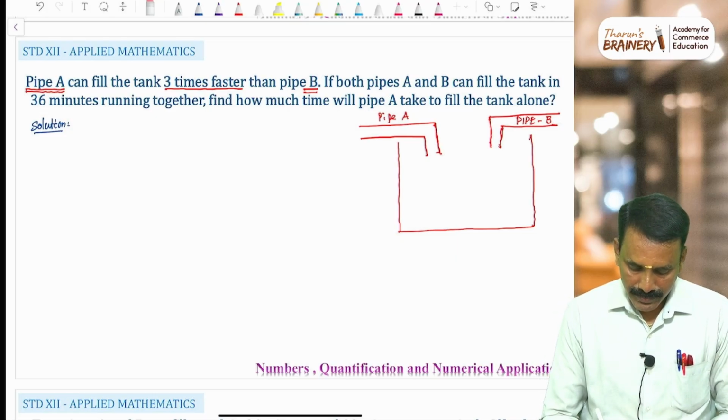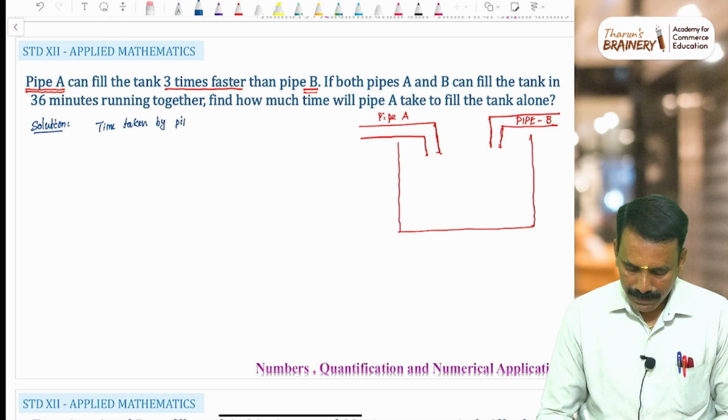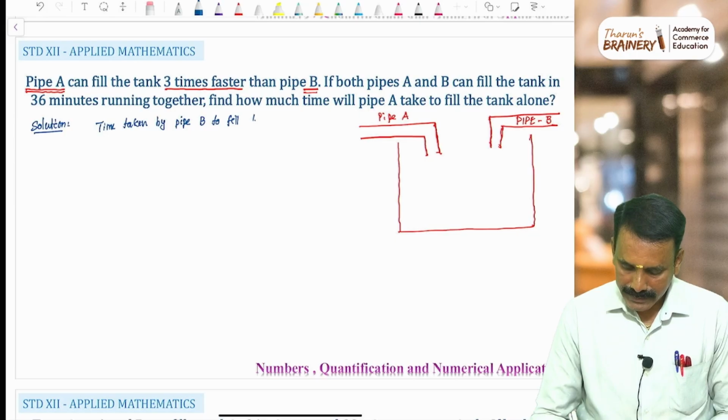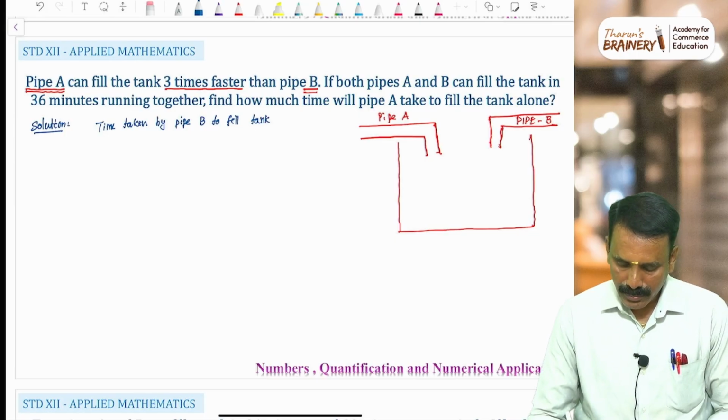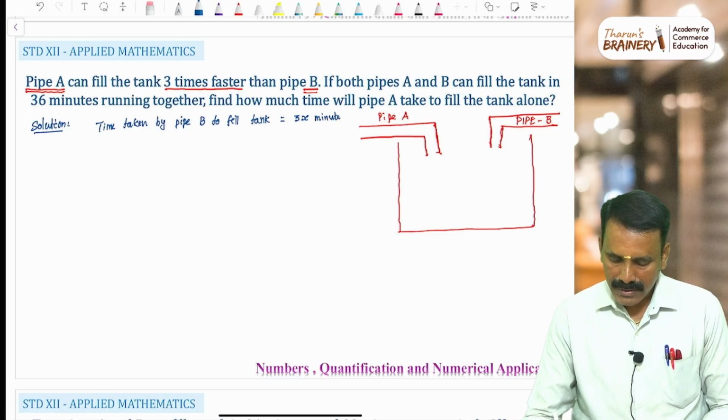We assume the time taken by pipe B to fill the tank to be 3x minutes. Okay, why are we taking the time in minutes?